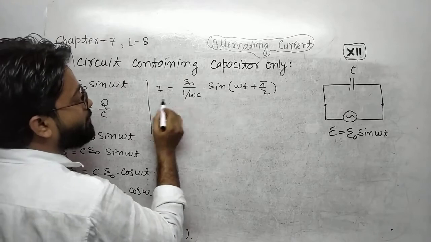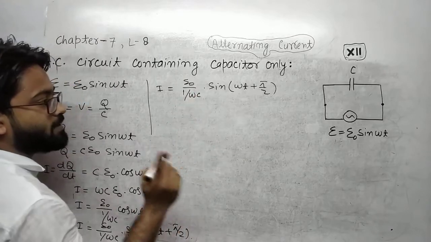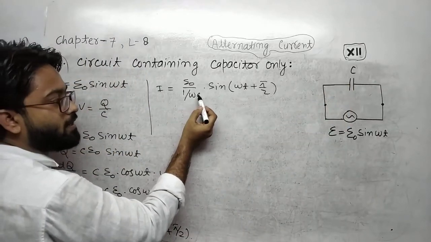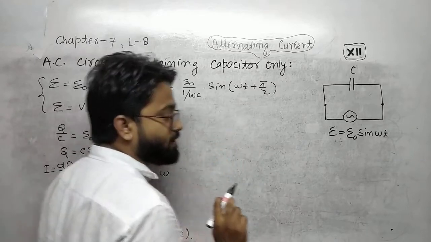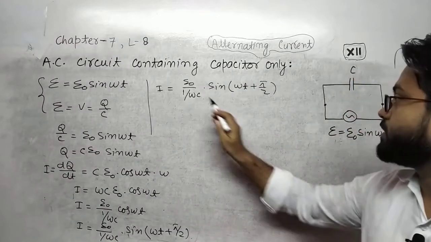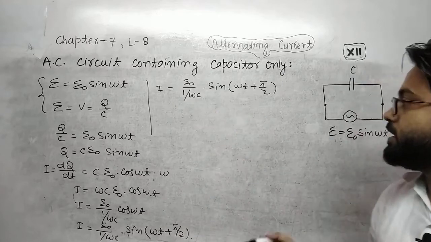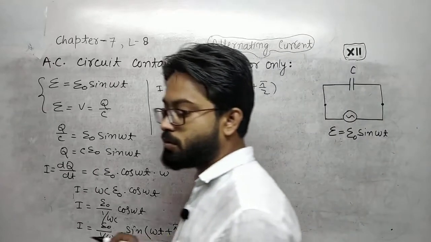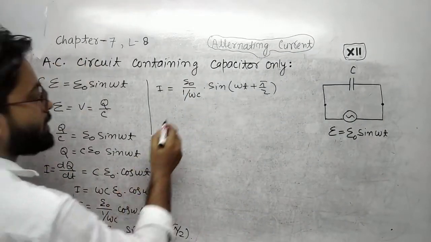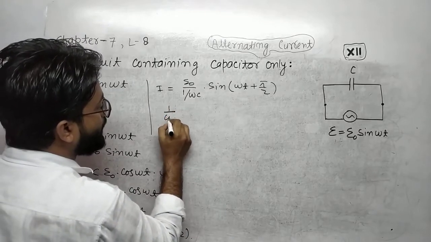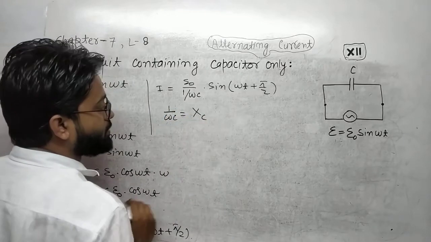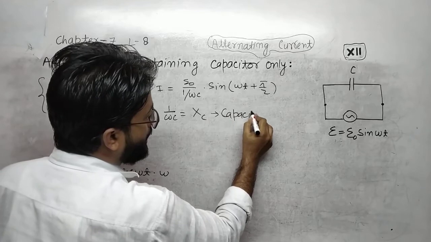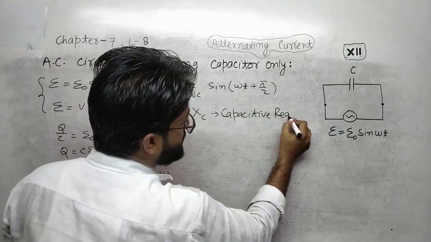Here we see E naught upon something. When the circuit contained resistance only, it was E naught upon R. When the circuit contains inductor only, this term is like a resistive property. This term 1 upon omega C also behaves like a resistive property, and 1 upon omega C is called Xc, known as capacitive reactance.